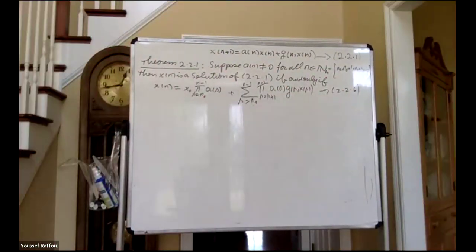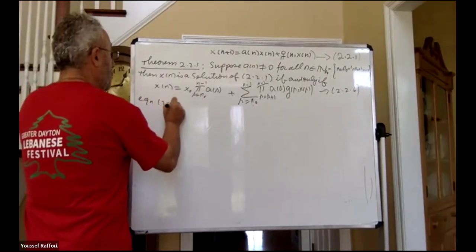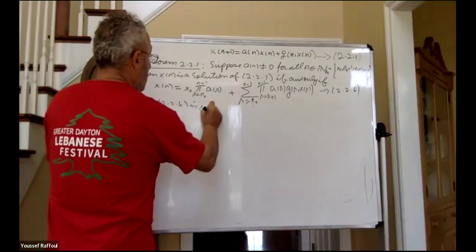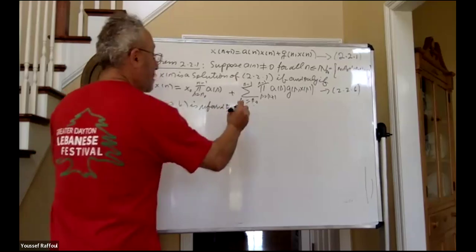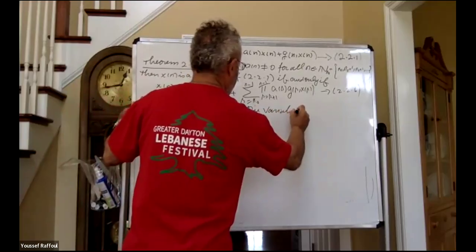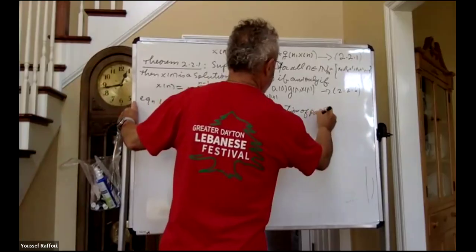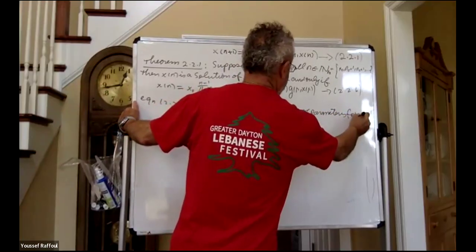This is called the variation of parameters formula. So equation 2.2.6 is referred to as the variation of parameters formula.